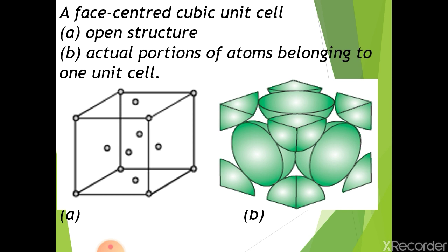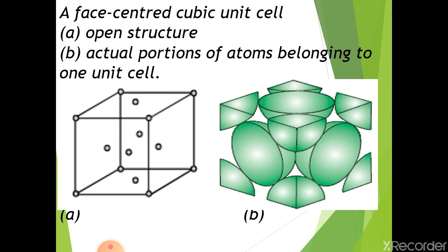Now look at the diagram. Again here, open structure and actual portion of atoms belonging to one unit cell. Look at the open structure, 8 atoms, molecules or ions, that is constituent particles, belong to the corner position and 6 atoms are shown at the face center.